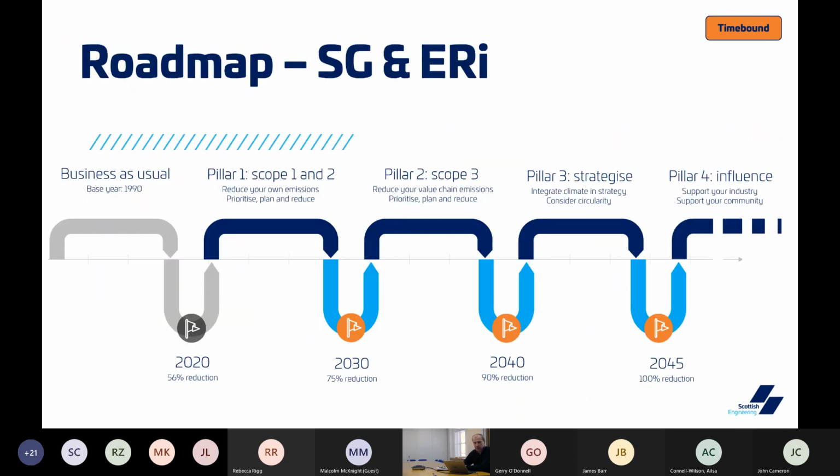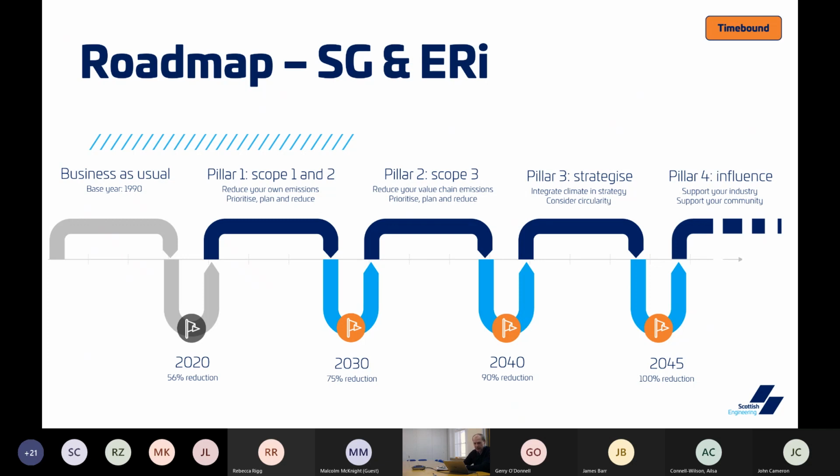Now, if I was to marry the Scottish Government roadmap and the Exponential Roadmap Initiative, it would look like this. So you would have in 2020, a 56% reduction versus 2019 of the greenhouse gases from the Kyoto Protocol Agreement. So you've got the base year, you've got a target year, and we'll assume that has been achieved.